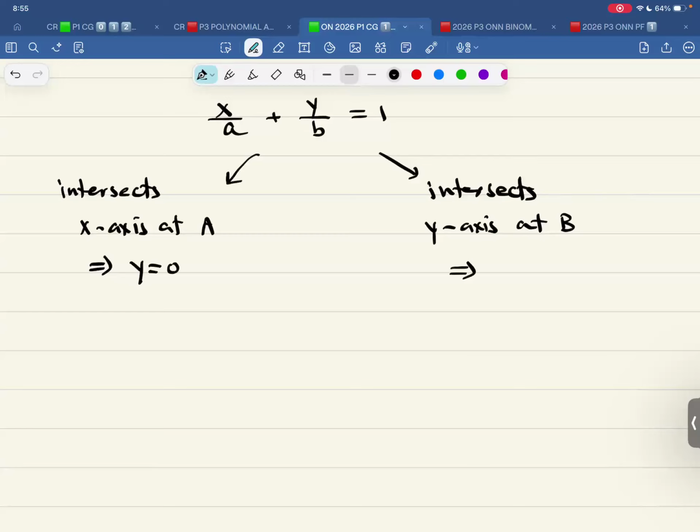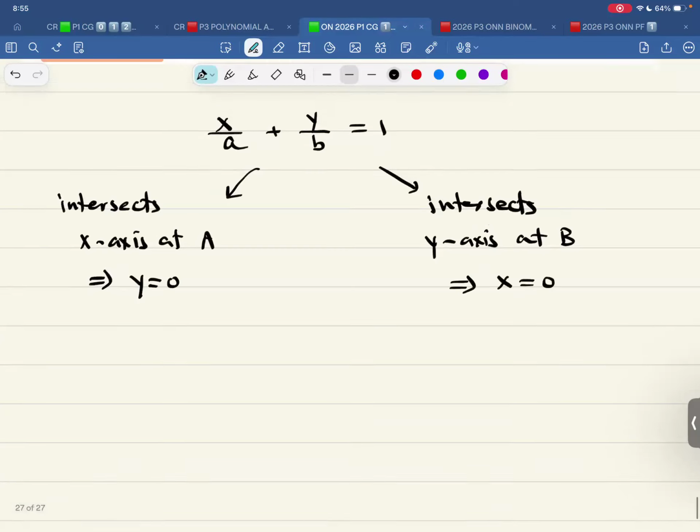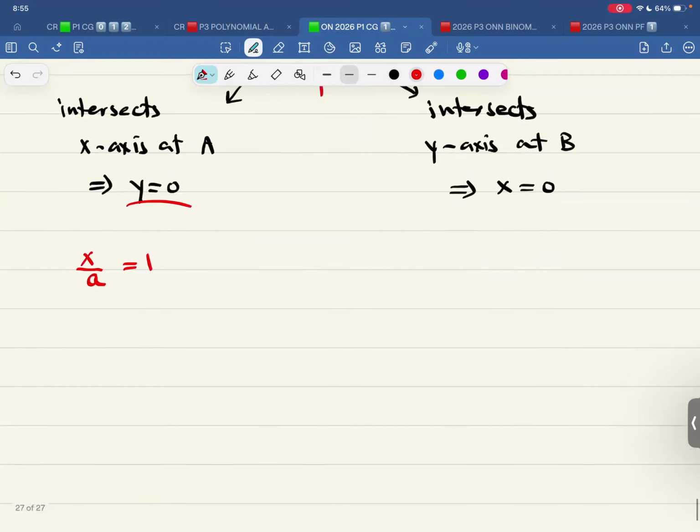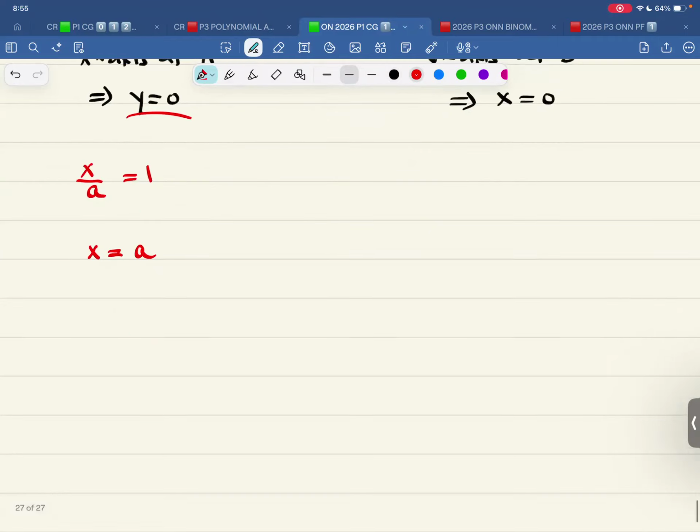When it intersects the y-axis, the x-coordinate is 0. So if I say y is equal to 0, this term will disappear. So x over a equals 1. Therefore, x is a. Therefore, the coordinates of A are (a, 0).